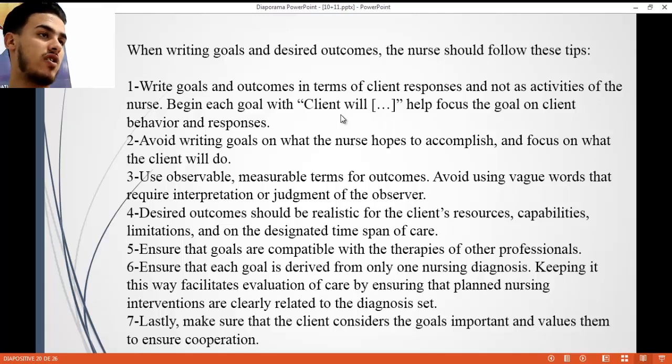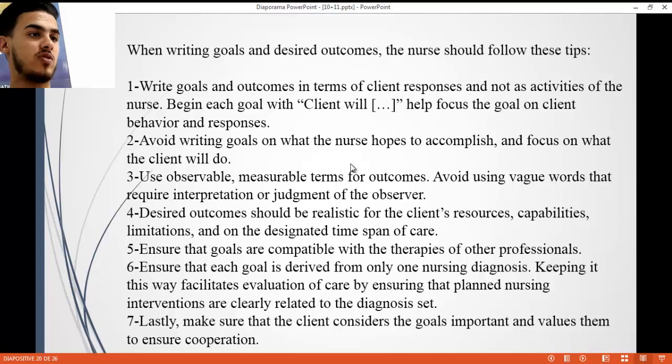So here you have to avoid being subjective and try to be objective and talk on behalf of the client. Two: avoid writing goals on what the nurse hopes to accomplish and focus on what the client will do. So here you give more importance to the client's needs and expectations.